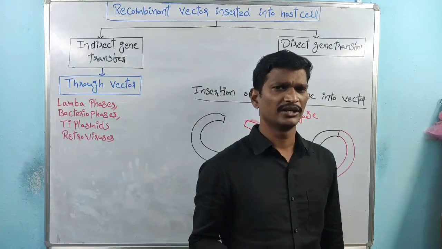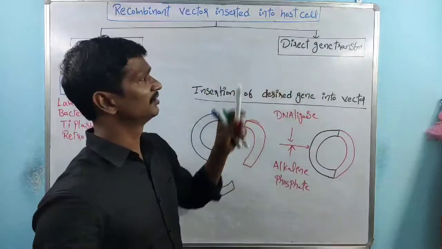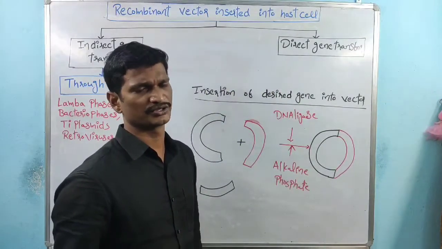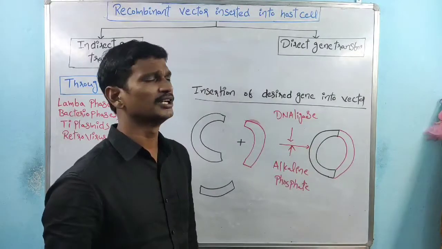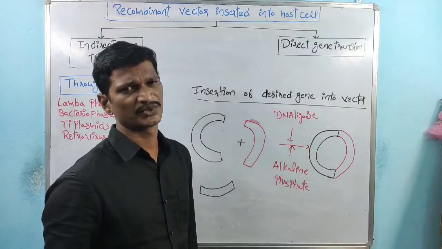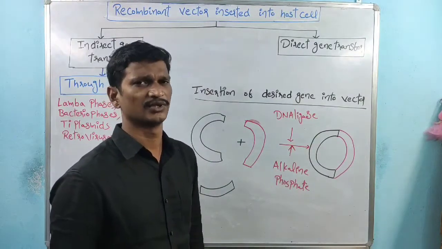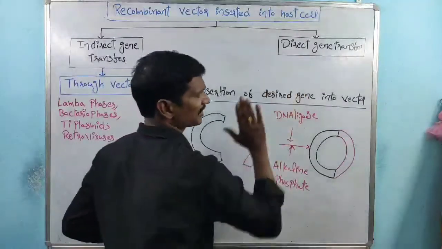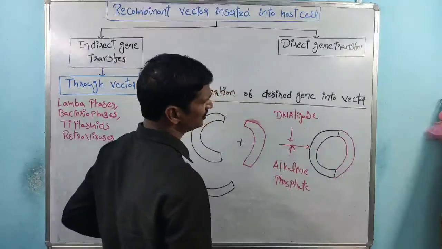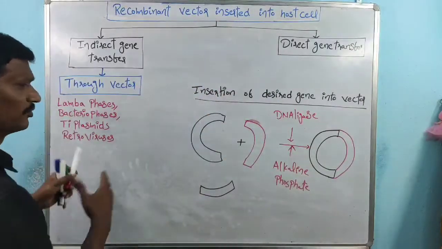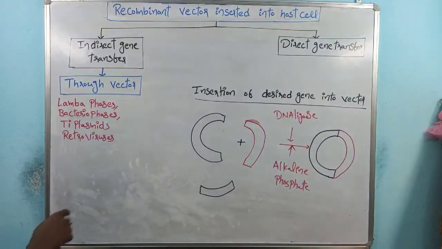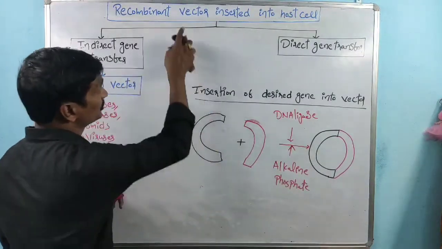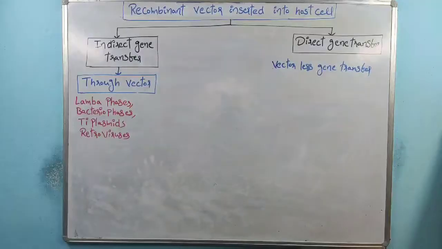The other one is without vector, non-vector use, which is nothing but transferring the gene without any use of vector. In one case we use vectors, in the other case we do not use vectors. I will discuss how the process takes place.